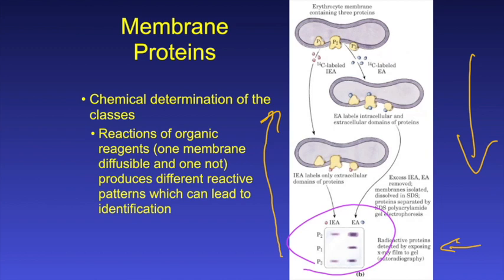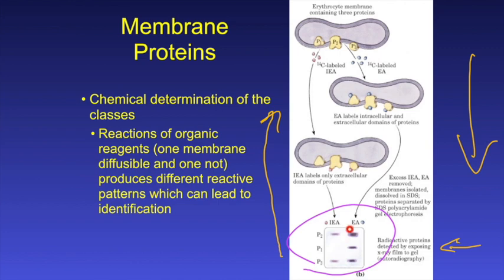We have two reagents that are going to interact with a membrane, and they're going to react with the proteins within the membrane. There are three separate proteins. I can see that data because on the SDS gel I separate 1, 2, 3. There's one absent here, but I have three proteins that are different sizes. Now you can see that I do a treatment with one and a treatment with the other.